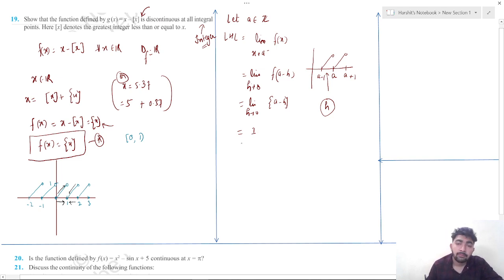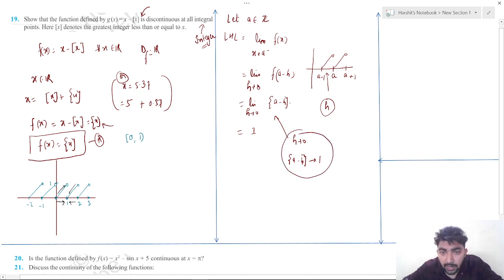How did it come as 1? As h moves towards 0, h is continuously decreasing, so a minus h is moving towards the integer a, and its fractional part moves towards 1. That is the meaning.